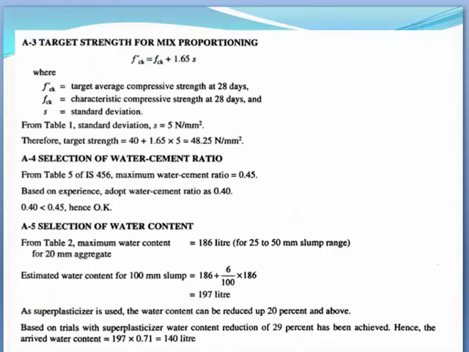And based upon that, we have started with the question, and which was the first step, the calculation of the target mean strength that I have discussed, then the selection of the water cement ratio, and then finally the selection of the water content. And the various steps were discussed in concurrence with the clauses which are given in IS 10262 2009, and I have focused on the clauses also in the last lecture.